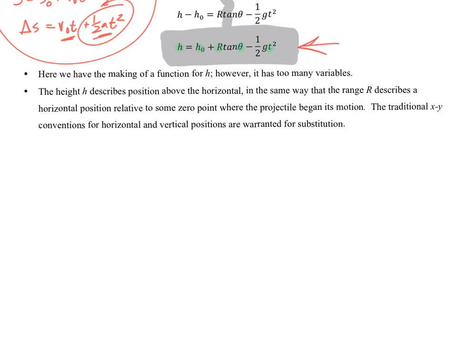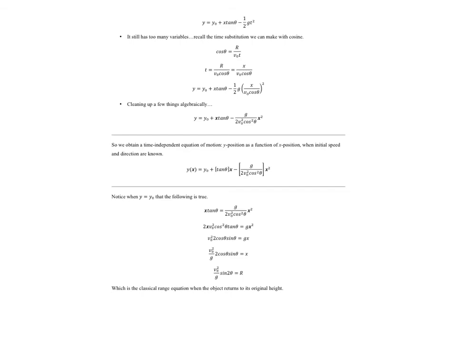I can also change the angle. I can change the height. There are these things that are variable in this equation. R is dependent on those variables, hence the whole range equation idea. So let's move on here.